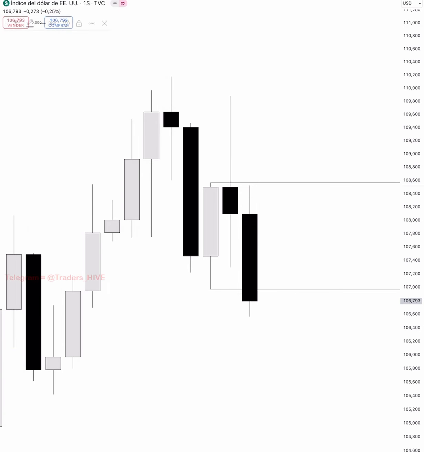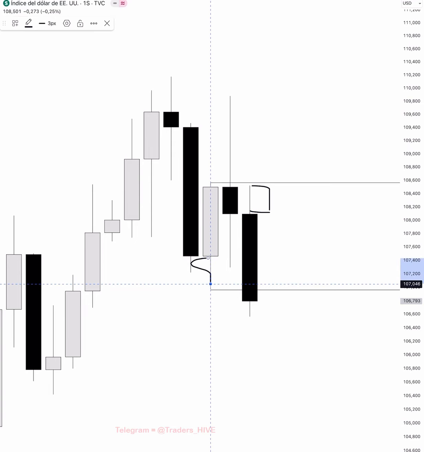So you sell in the wick of the bearish candle you're expecting to dump, or you buy in the wick of the bullish candle you expect to pump. Remember, we're trading candles, we're not trading zones, we're not trading patterns, we're not trading Elliott waves, we're not trading supply and demand, we're not trading order blocks, we're trading specific candles, weekly candles and daily candles.